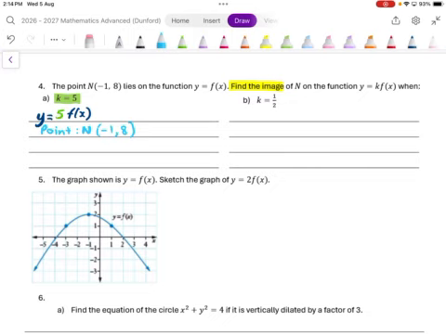To get to our image, it's going to be negative 1, and then what we do to our y value is multiply it by our k value. So our image N is negative 1, 40.